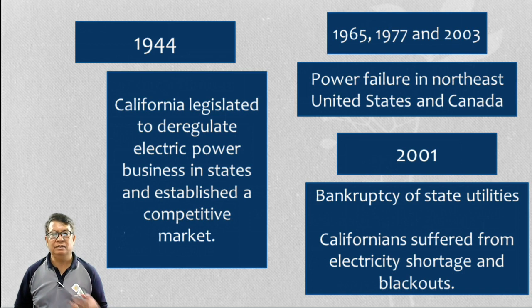From 1965 to 1977 to 2003, in the United States and even in Canada, there was a failure in the power distribution. So until 2001, there was the bankruptcy of state utilities.